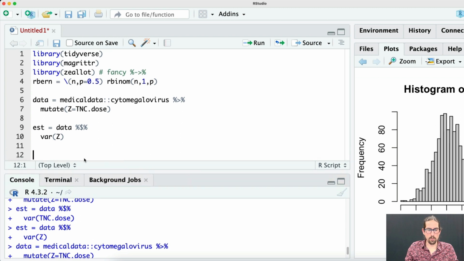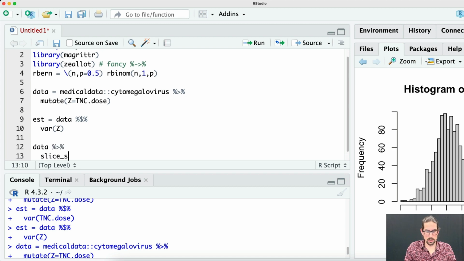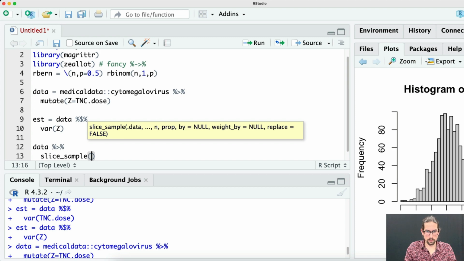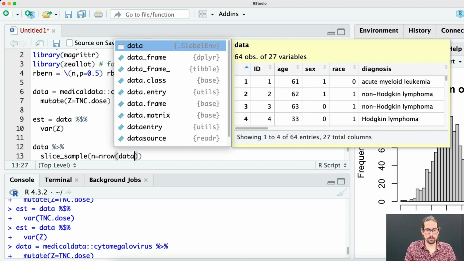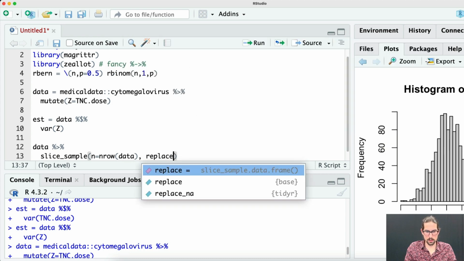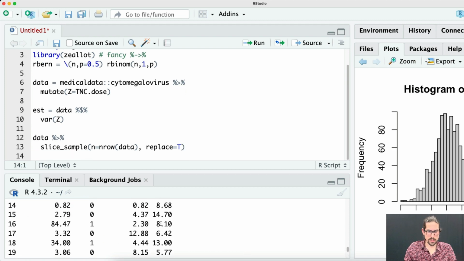And now, if we're going to generate a bootstrap sample, we take data and do slice_sample with n equals nrow(data), replace equals TRUE. So this is my bootstrap sample.